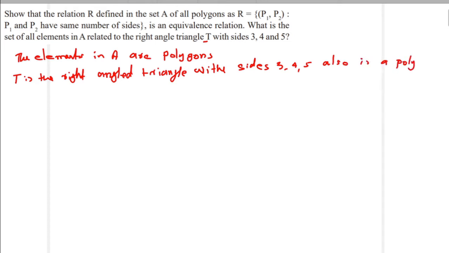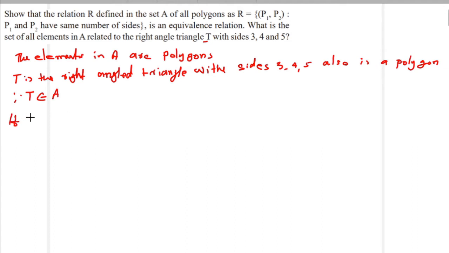That's very important. The reason is that a triangle has 3 sides, and a polygon is a closed figure. So a triangle is also a polygon. Therefore this T also belongs to A. Clear?